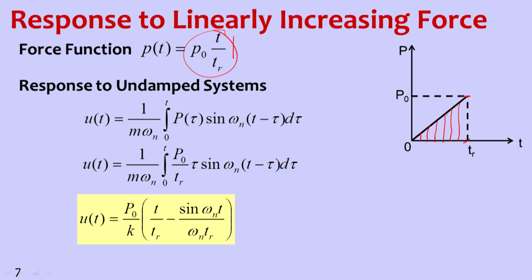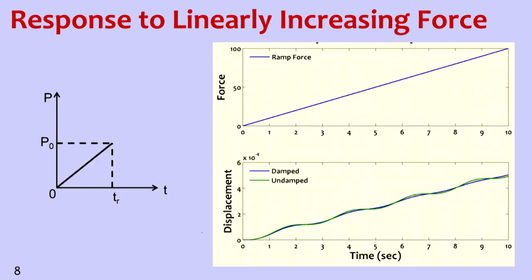The response will be P naught by K, t by Tr minus sin omega n t by omega n Tr. The displacement will look something like this. The undamped system is the blue line and the damped system is the green line. If we use another value as an example, it looks something like this.